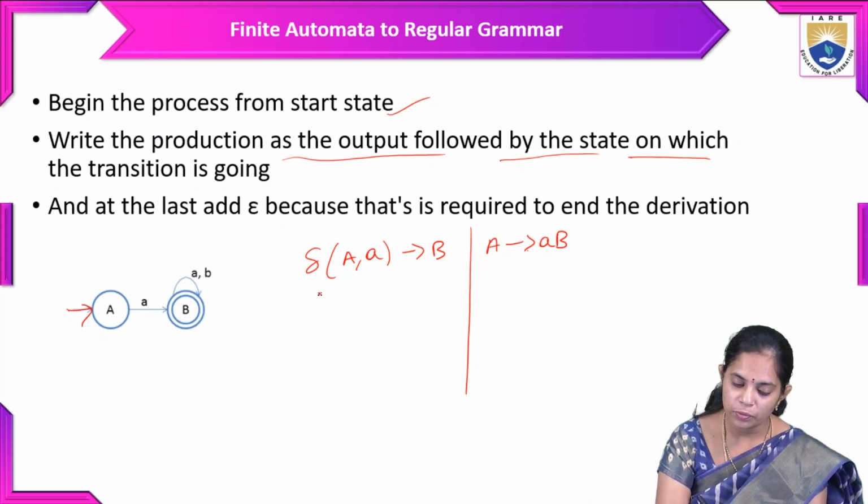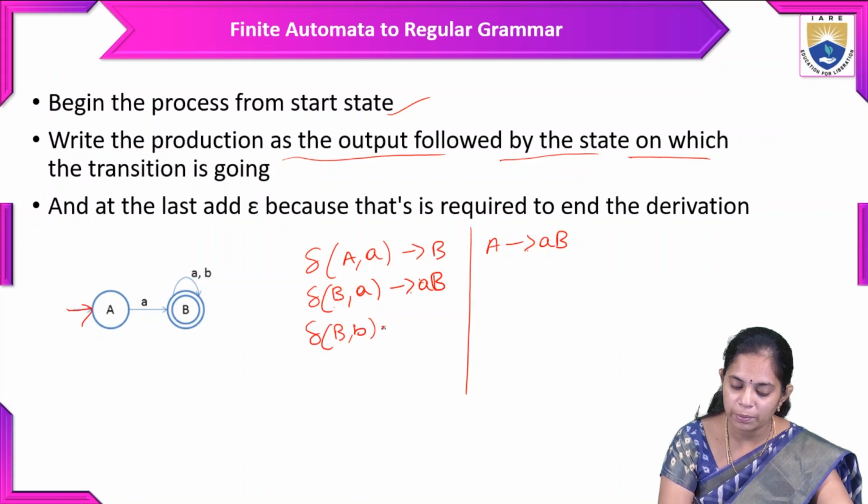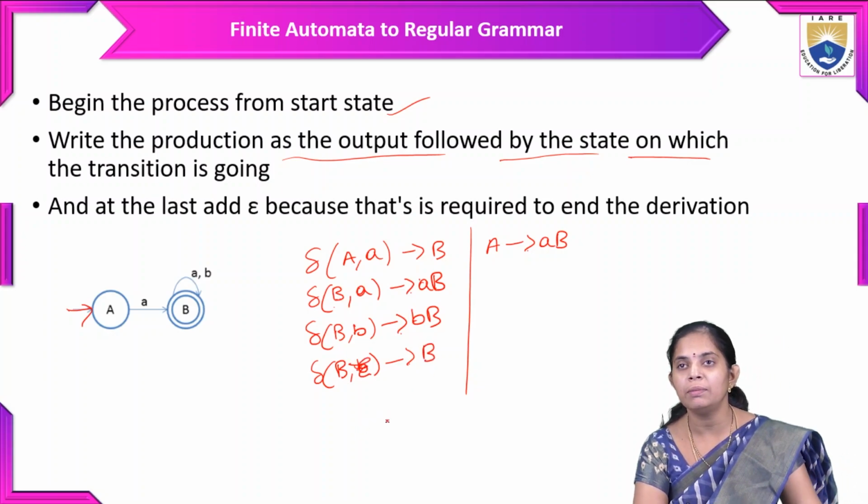And also we have a transition reaching the final state. From B comma A as an input symbol, it reaches capital B, and the transition of B comma B reaches capital B. And also B with epsilon symbol as an input reaches the B state.